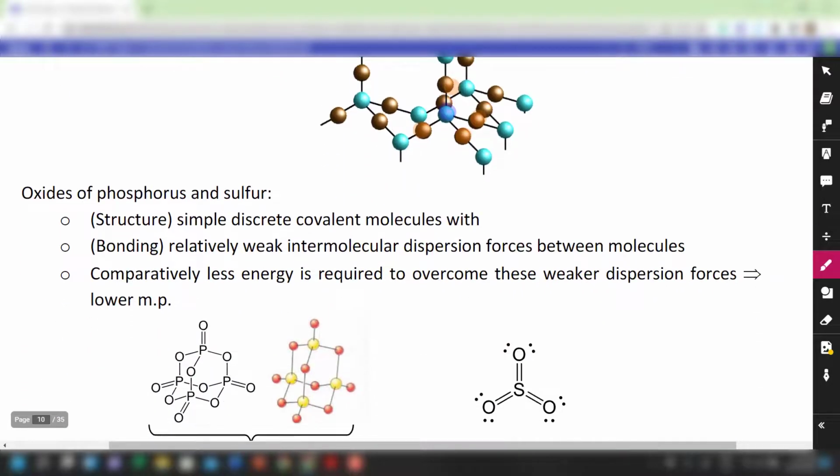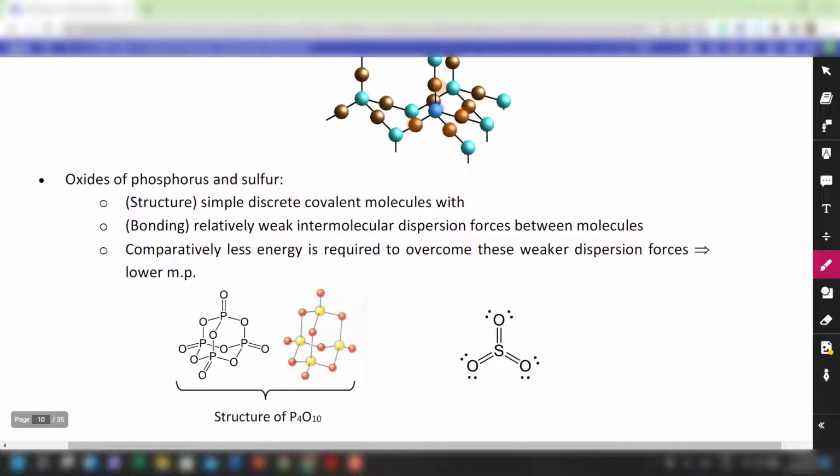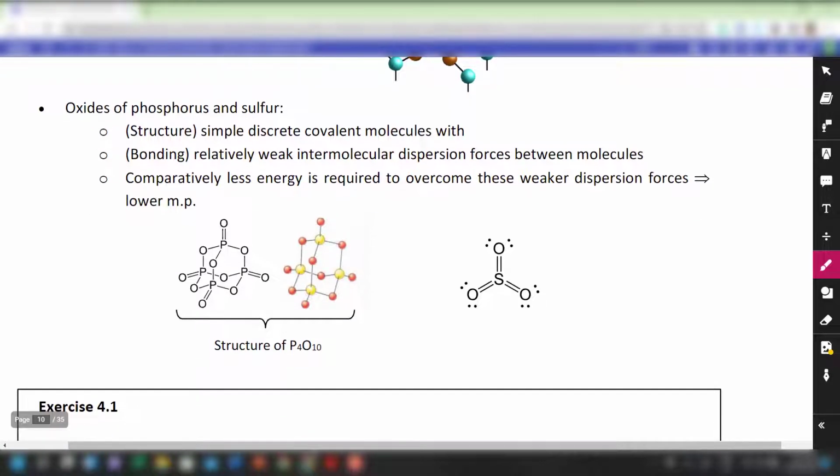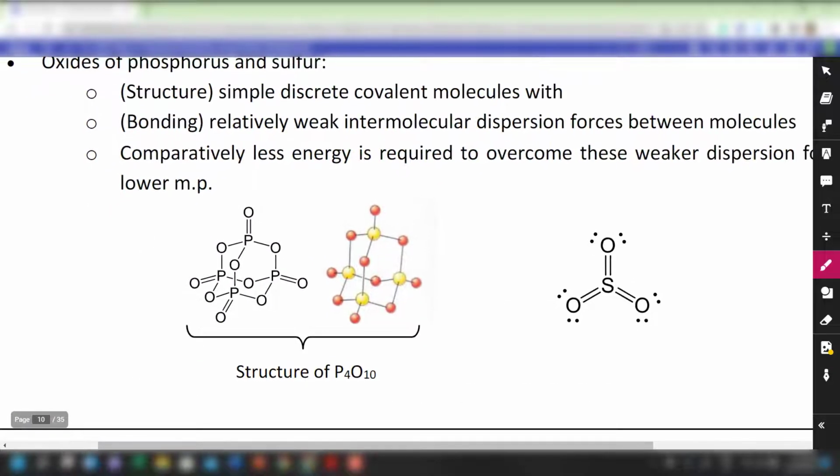For phosphorus and sulfur oxides, as mentioned, they exist as simple discrete molecules. The structure of P4O10 is quite unique. You have the phosphorus right in the middle with a double bond to O, and then it is single bonded to 3 other oxygen. Each of the phosphorus will be doubly bonded to 1 oxygen.